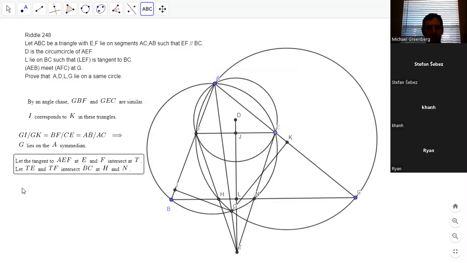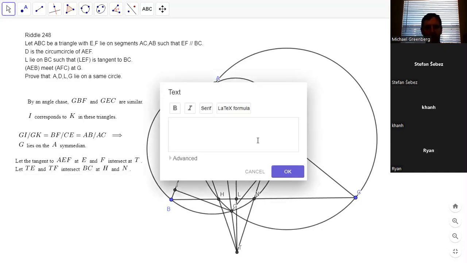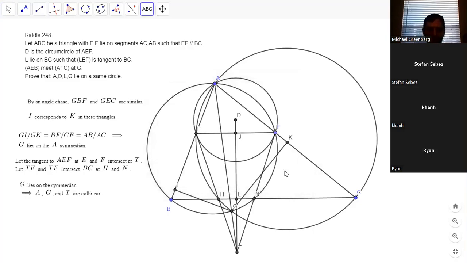So A, G, and T are collinear. So G lies on this median. A, G, and T are collinear. And then by angle chasing, AENB and AFHC are cyclic.